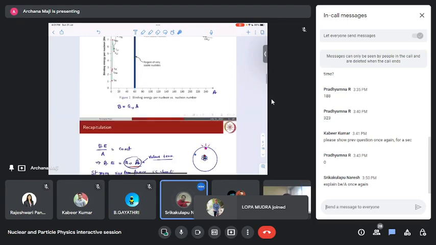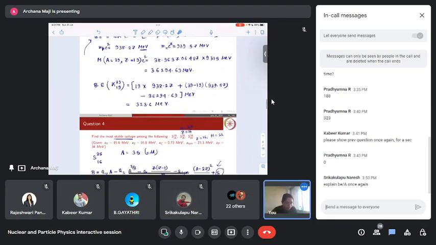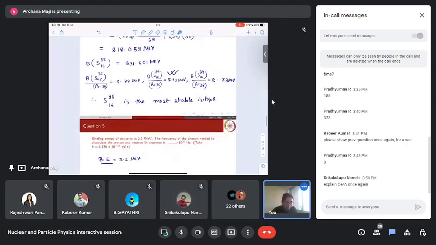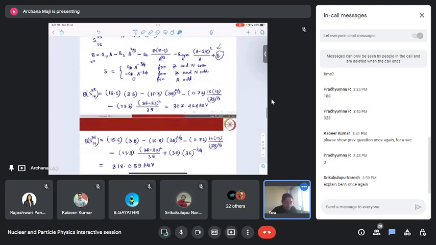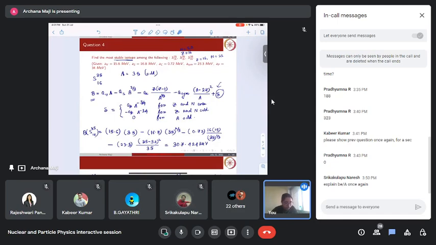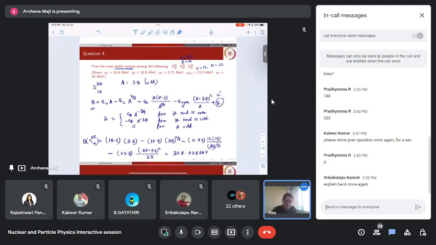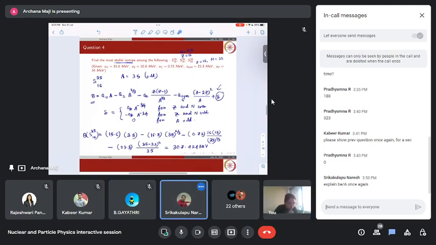Oh, because those are isotopes. They have the same Z, but A is different for all of them. So that's why we need to consider binding energy per nucleon and not just binding energy, because those are isotopes. Okay, madam. Clear, madam. Thanks, madam.